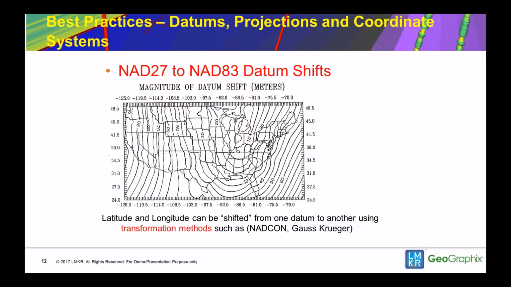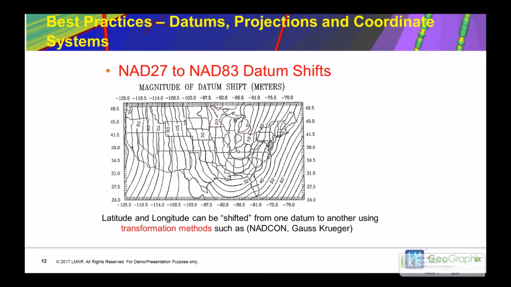Sometimes they're just pure mathematical formulas. In the case of NADCON, it's a computer code that's been created by the U.S. government, and it has about 10,000 different reference points. And they're shifted and they're used to interpolate.